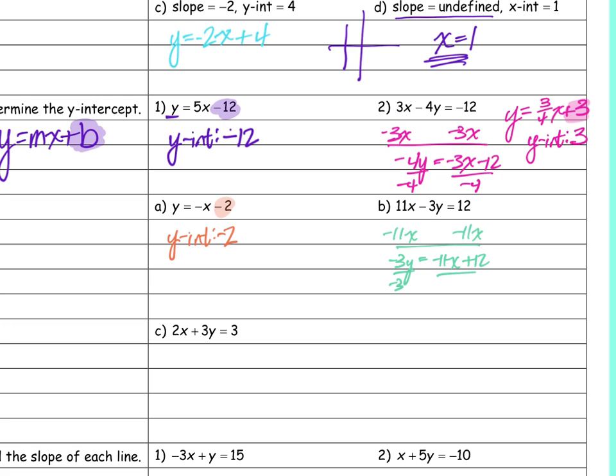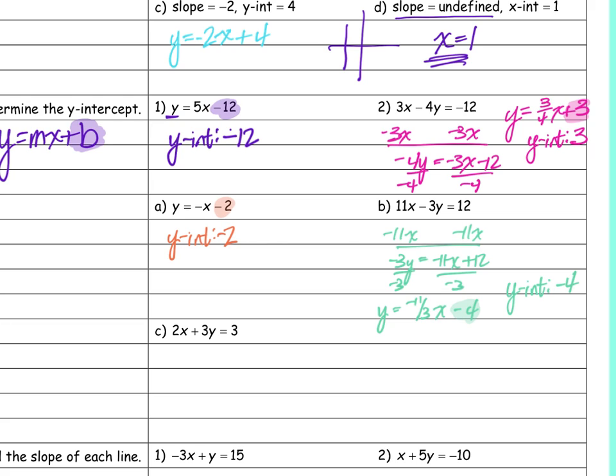Divide by negative 3, and y is going to equal negative 11/3 x minus 4. So my y-intercept is just the constant. y-intercept is negative 4. Beautiful.